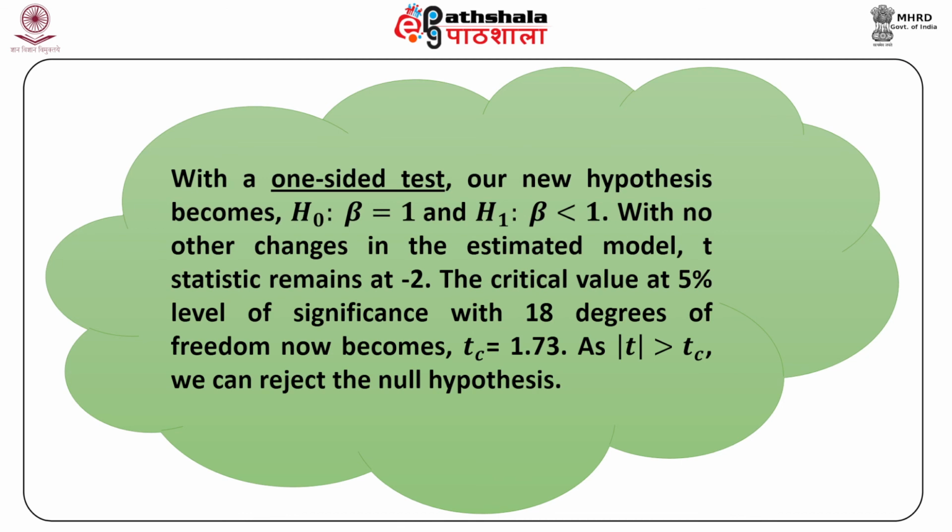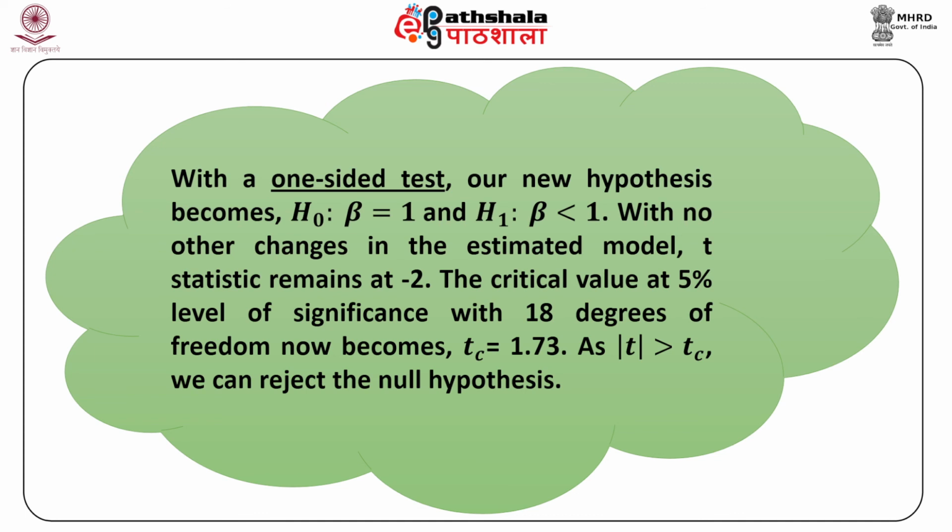So our new hypothesis now becomes H0: beta equal to 1, but the alternate hypothesis H1 now is that beta is less than 1. With no other changes in the estimated model, the t statistic remains at minus 2.